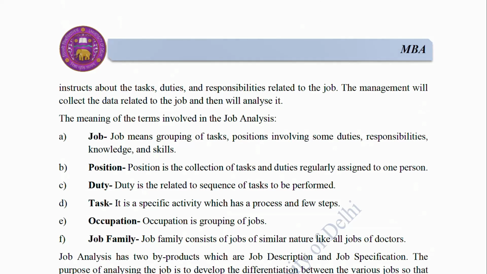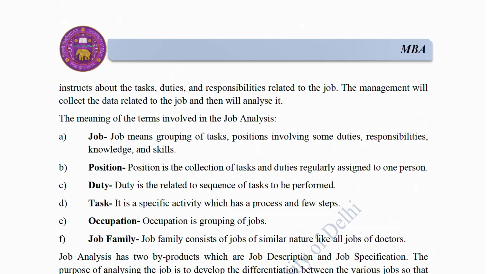The meaning of the terms involved in the job analysis. Number 1, job. Job means grouping of tasks, positions involving some duties, responsibilities, knowledge, and skills. Number 2, position. Position is the collection of tasks and duties regularly assigned to one person. Number 3, duty.